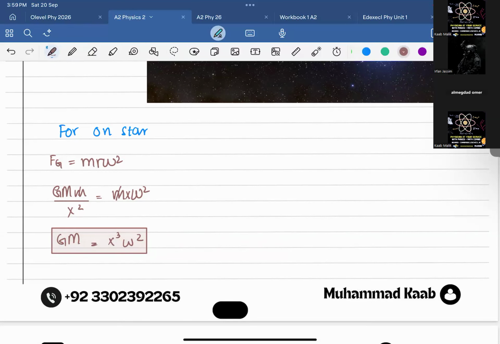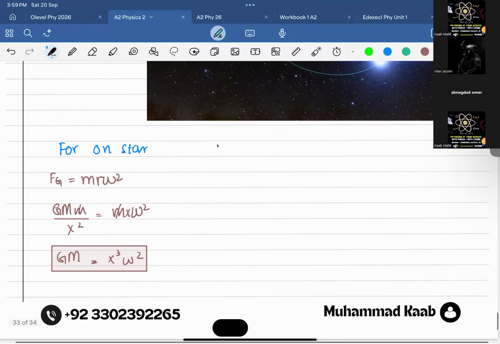For the two stars, we know that their gravitational forces, their resultant forces, are equal.